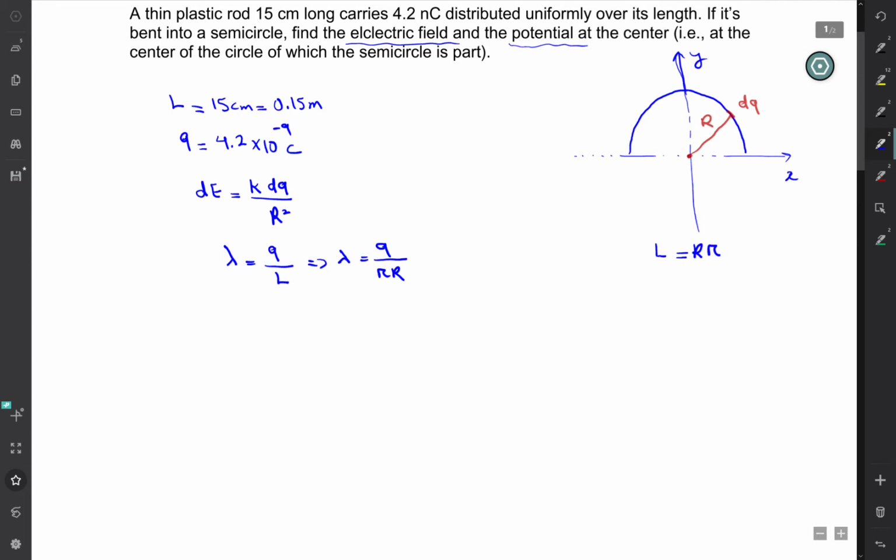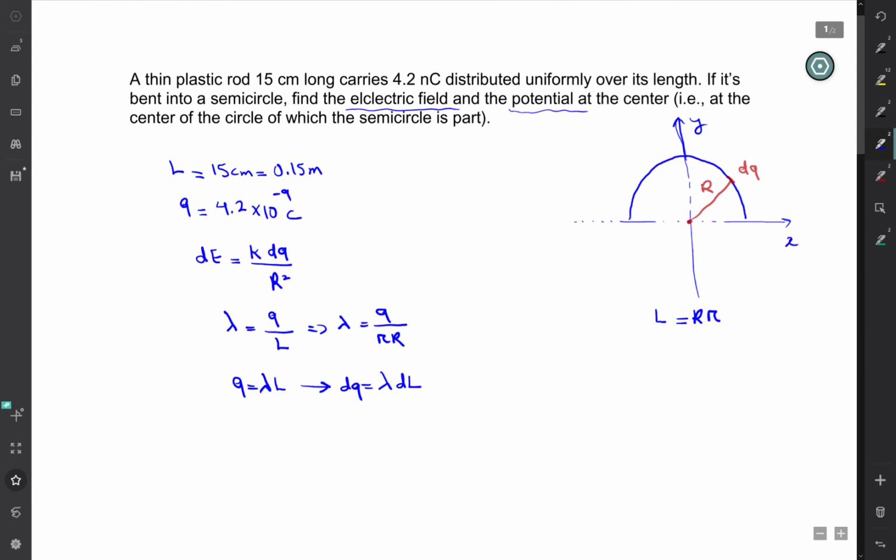Now I want to come up with dq. If I isolate this equation for Q, Q equals lambda times L. Therefore, dq equals lambda times dl. Linear charge density, lambda, is always a constant number.